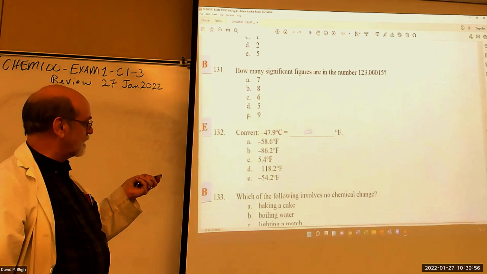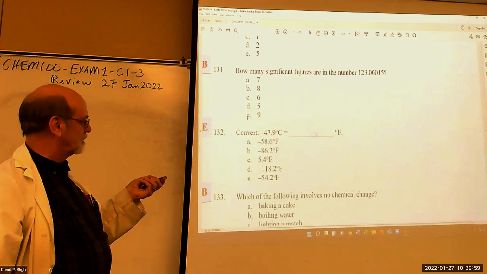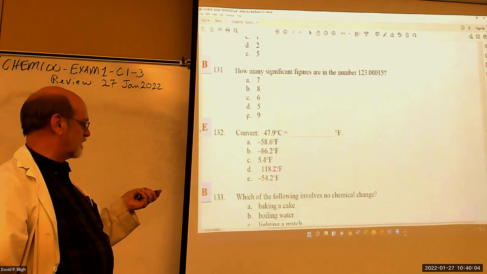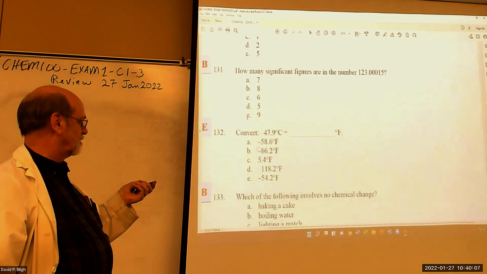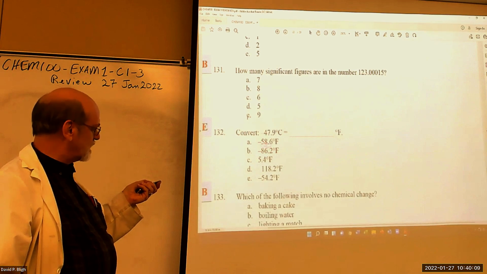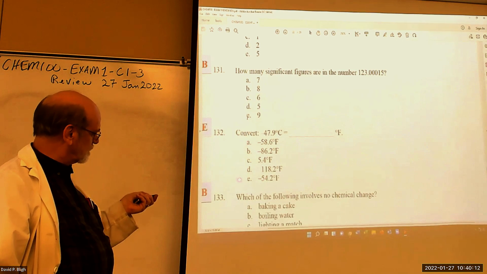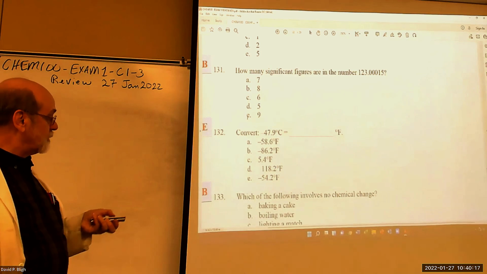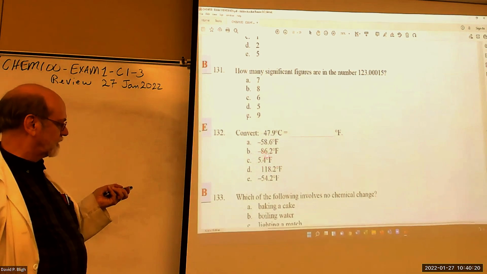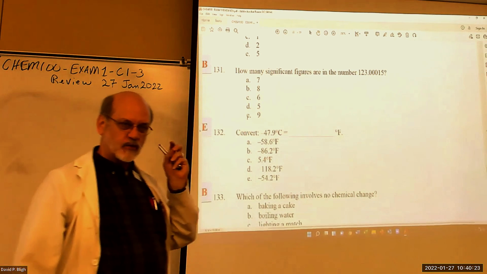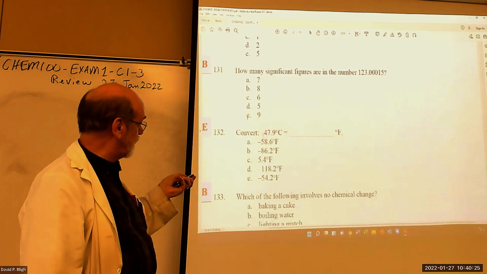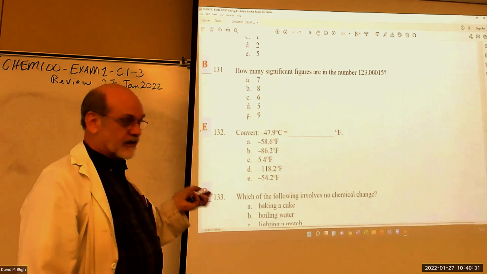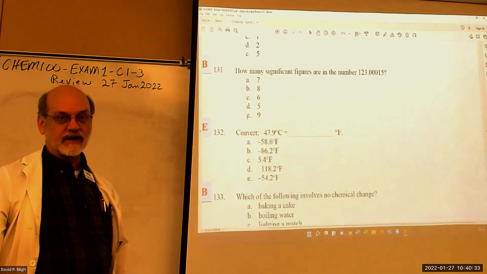So you should expect to find minus something here. It won't be positive. That was too much. So it'd be either this one or that one, and you'd have to do the calculation to find out which. And if your answer is one of these others, then by estimating what you know about the relationship, minus 40 and minus 40 being equal, you're probably wrong. Go back and check your calculations.